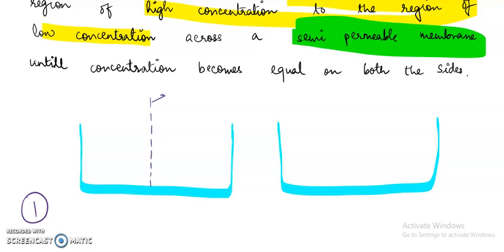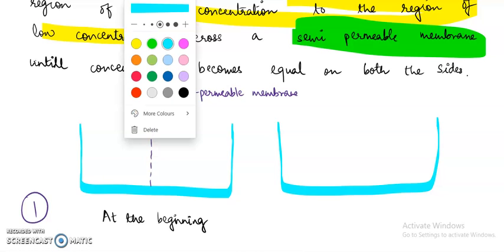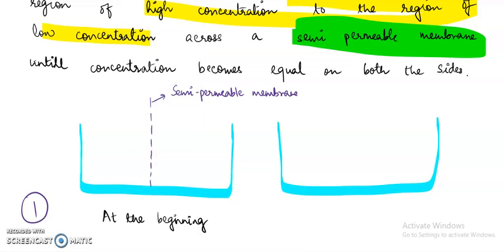This is our semi-permeable membrane, and this is at the beginning of the experiment or activity. So at the beginning we have a container with a semi-permeable membrane and we have water in it.